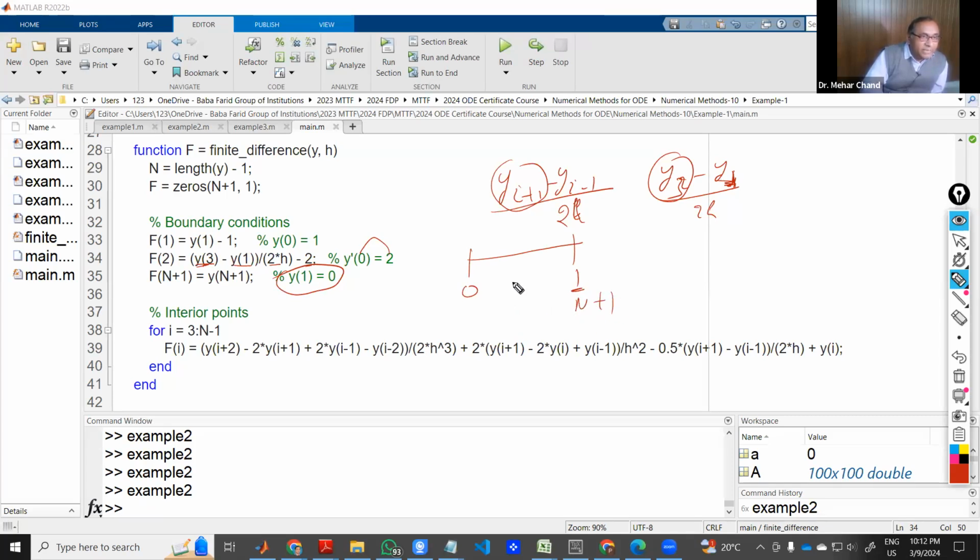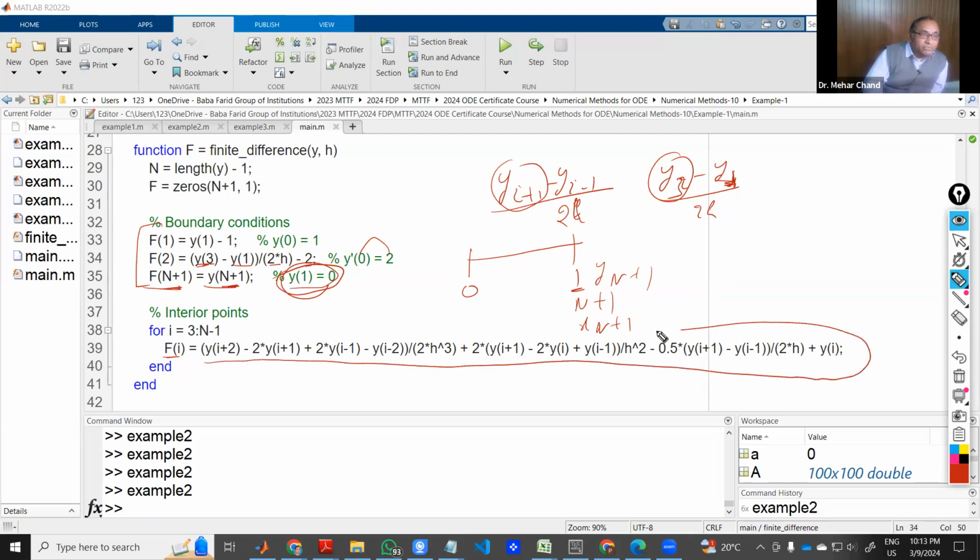If you divide the entire interval, x n plus 1, and for that we have y n plus 1. So you can write easily y n plus 1, and we will store it for f n plus 1. So these are the boundary values, and these are the intermediate equations, the interior points which we need to compute.